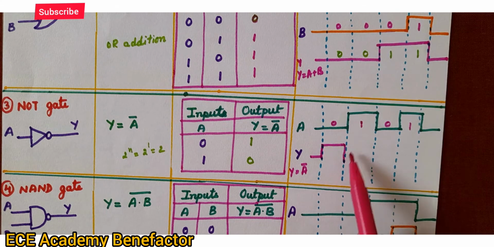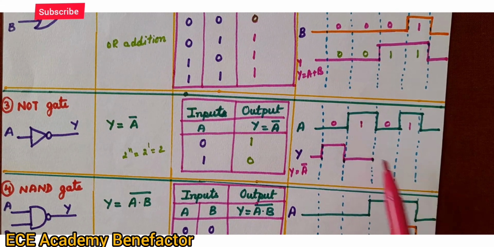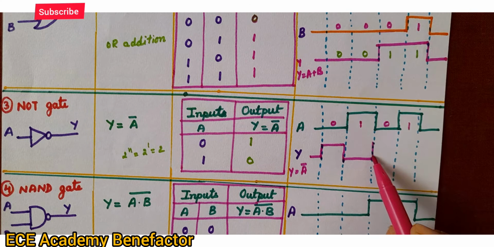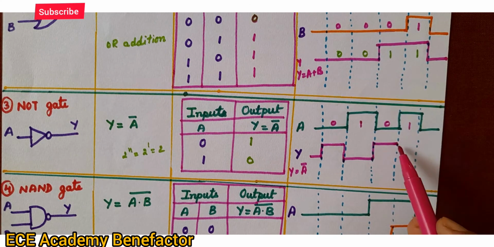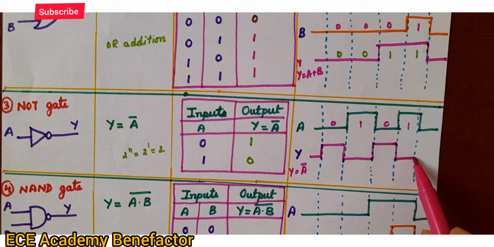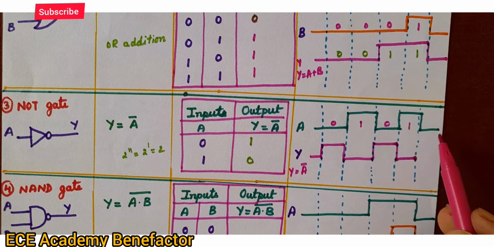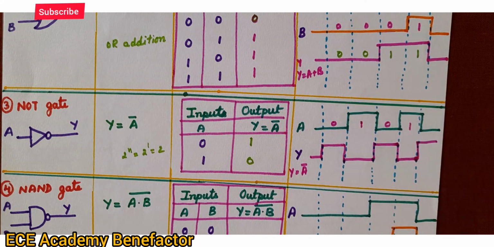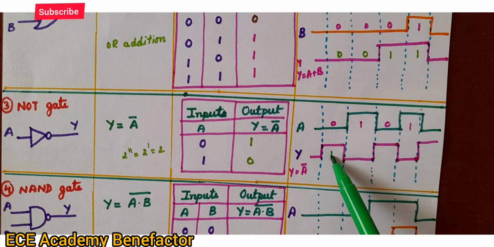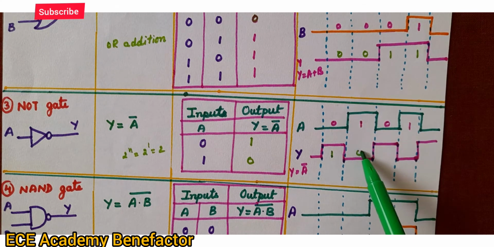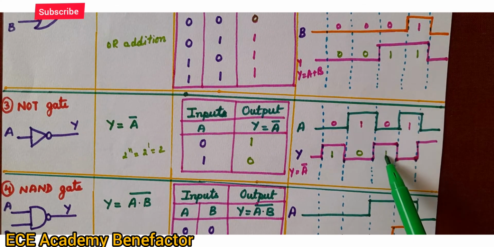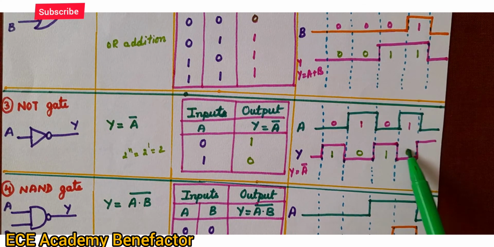In T2 A is 1, so it becomes low. In T3 A is 0, so it becomes high. In T4 A is 1, so it becomes low. So if input is 0, output is 1; input 1, output 0; input 0, output 1; input 1, output 0.